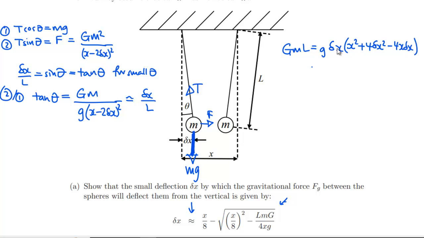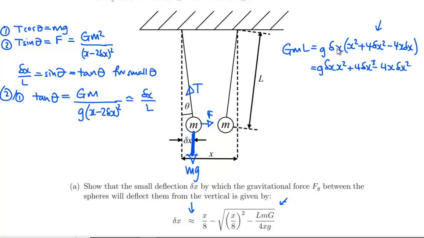Okay, so this looks very much like a quadratic formula. But we can ignore this, this 4, by the time we've expanded that out, right? So let's expand it out. So we've got g delta x times x squared plus 4 delta x cubed, which is going to be tiny, minus 4x delta x squared.